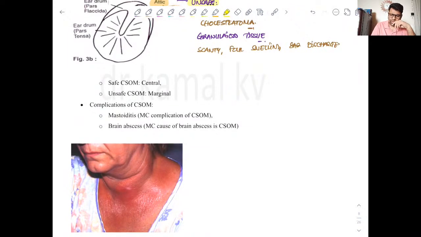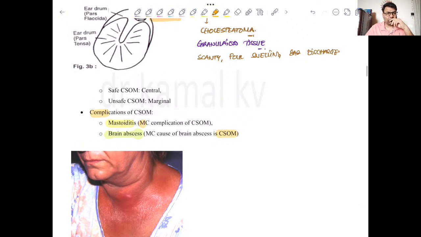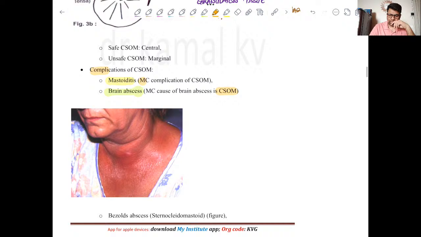And now coming to complications, the most common complication is mastoiditis, and the second most common is brain abscess. And in fact, the most common cause of brain abscess is otogenic in origin. It means it is related to chronic suppurative otitis media. Then there can be pus in relation to sternocleidomastoid muscle, and this is known as Bezold's abscess.